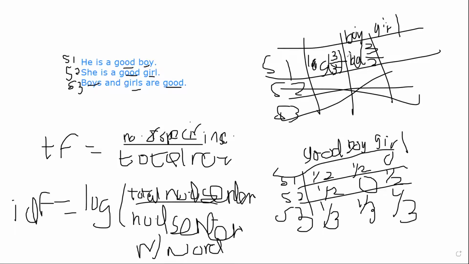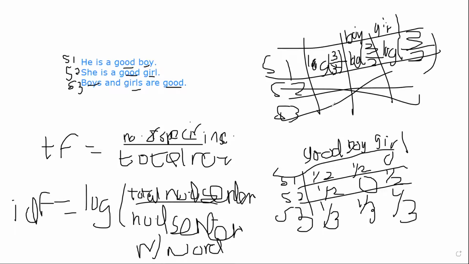The same thing will happen with the word girl, because only 2 sentences out of the total 3 contain the word girl. So it would be log of 3 by 2. Once you solve the fraction and find the log value, that is your final result for the IDF metric for the words good, boy and girl in the 3 sentences.